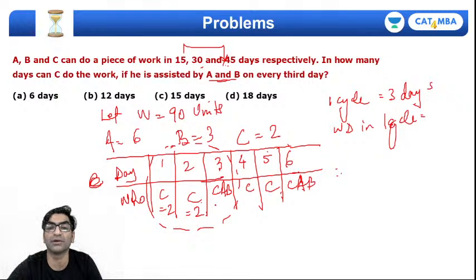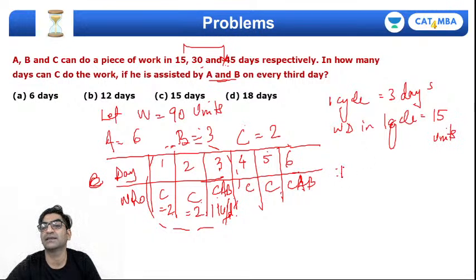That's his rate, remember. And third day, C and A and B. So C plus A plus B. That's going to be 6 plus 3, 9 plus 2, 11 units per day. Yeah. So what is the work done in one cycle? 2 plus 2, 4, 4 plus 11, 15. So if I can do 15 units per cycle, right?